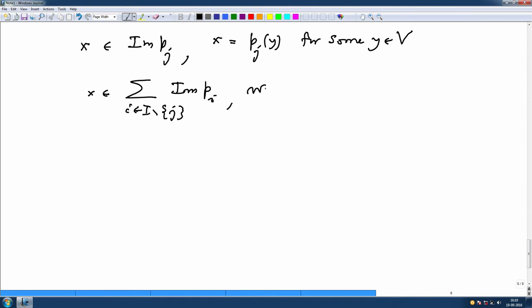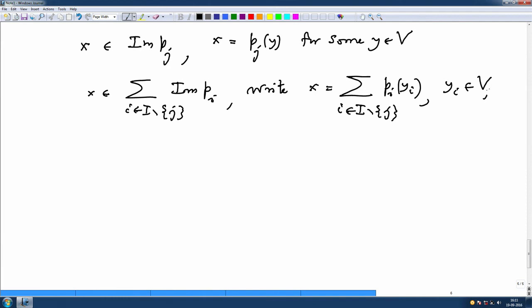When x belongs here, that means x is a finite sum coming from each image of Pi. So write x equal to the summation where i is running over I but different from j, and each term belongs to the image of Pi, so it will be Pi of yi, where the yi's are elements in V. This sum makes sense, meaning only finitely many of them are non-zero, or almost all of them are 0.